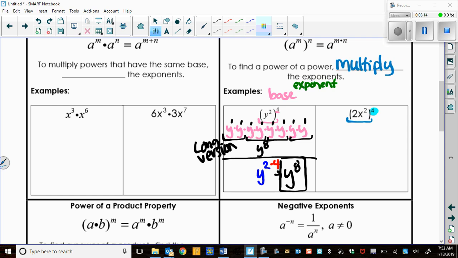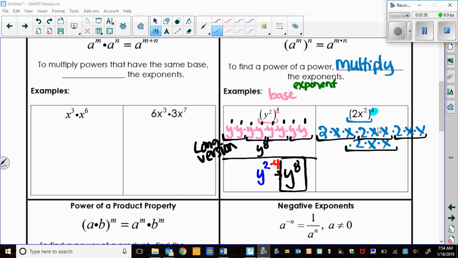It's going to be 2 times x times x. Now I'm just going to copy this 4 times. Okay, I went ahead and did that for you. I've underlined the groups, so I should have 4 groups of 2x squared. Now what you're going to do is simplify.